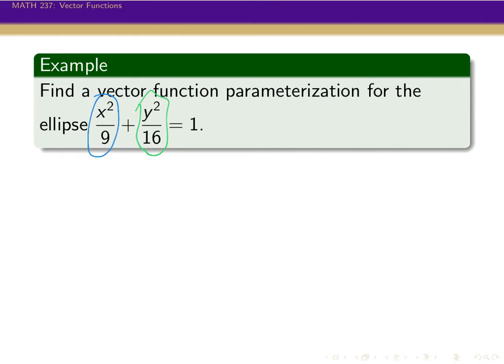Well, what I'm going to do is set the first term equal to cosine of t, the second term equal to sine of t, and solve out what x and y have to be. Okay, so let's do that. Actually, I should say I'm setting this equal to cosine squared, and this one equal to sine squared, so it matches the Pythagorean theorem.